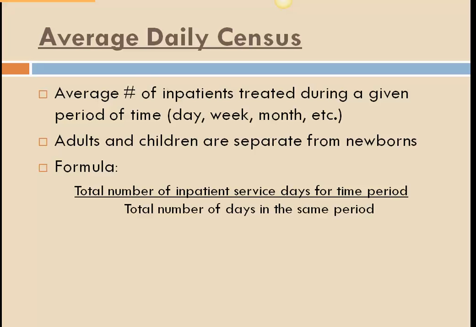Then that's divided by the total number of days in the same period. So if you were looking at the total number of inpatient days for the 3 days on the previous screen that came up to 615, then you would divide that by the total number of days, so by 3 days, to get the average daily census.